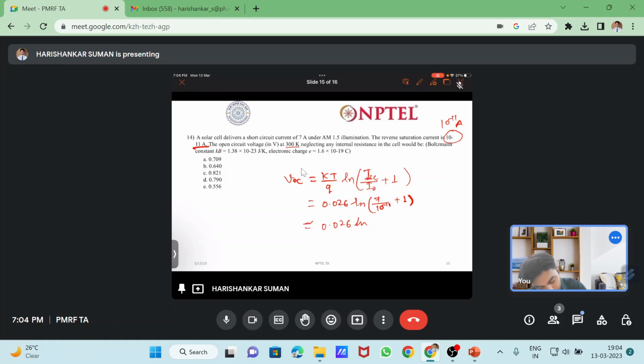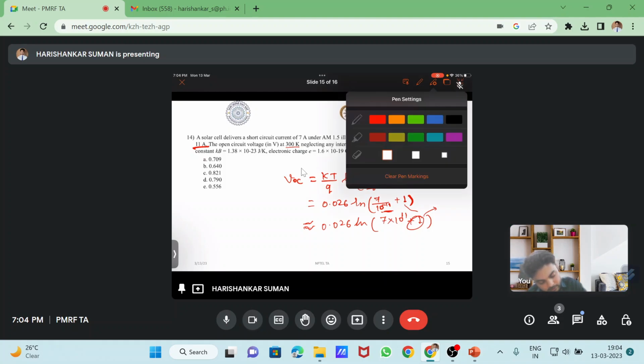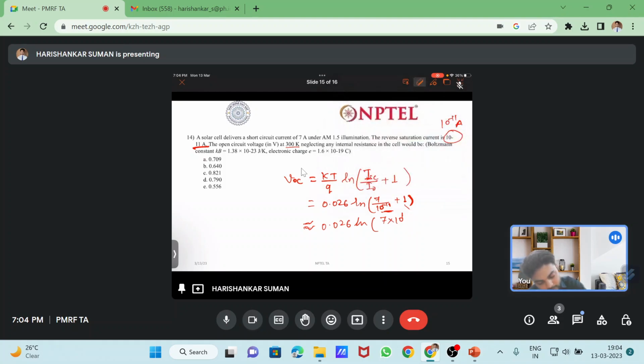Please approximate like that. 7 is the bigger quantity first, so forget about the less. 709, and we can convert like that. Plus 1 is 709, so forget 1.